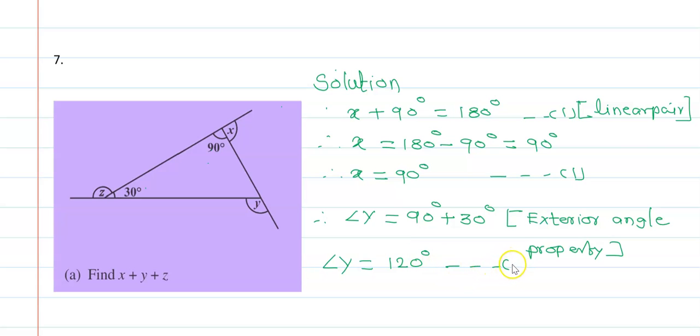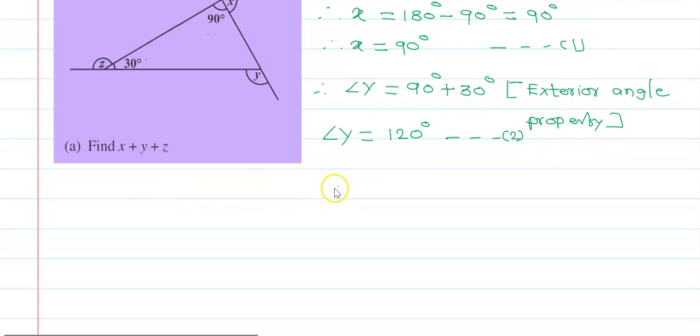And this is the second one. Okay. Now, lastly, we find out the value of z. Again, angle z plus this 30 degree is equal to 180. These are the linear pair.